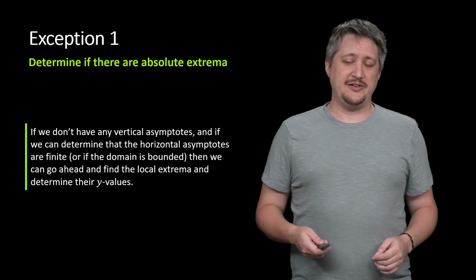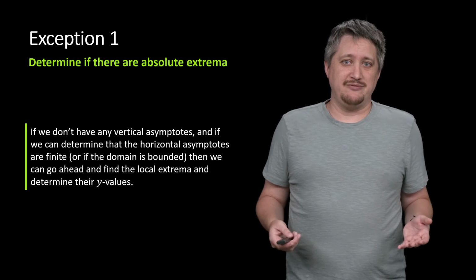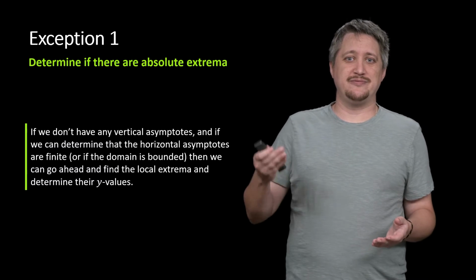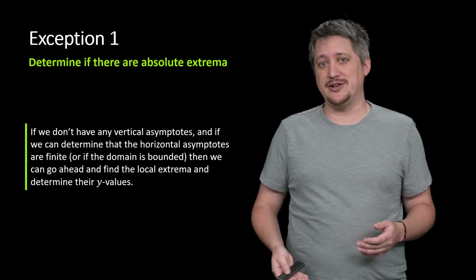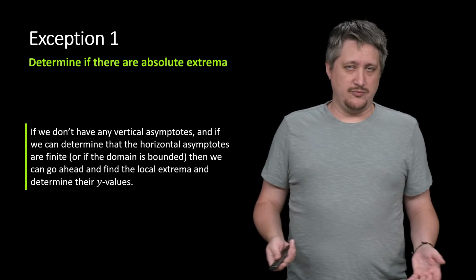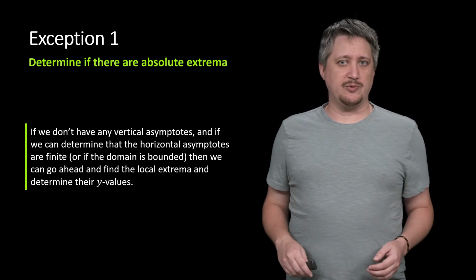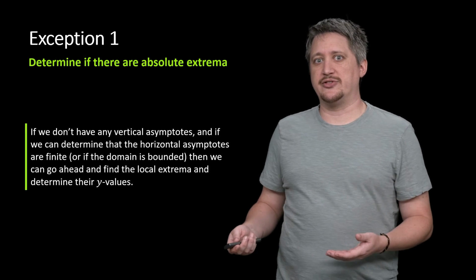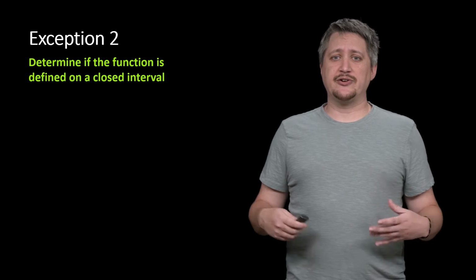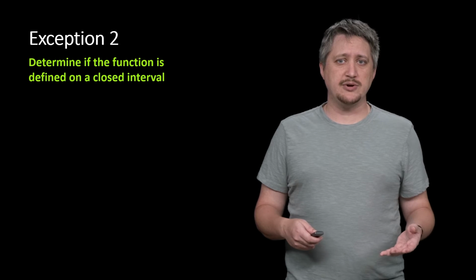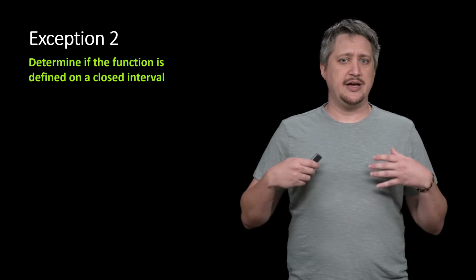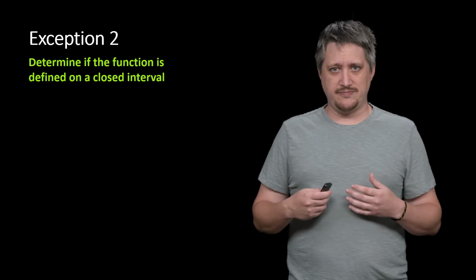So basically, if we know that we're not going to positive infinity or negative infinity anywhere, then we can tell that we're going to have absolute extrema. We can start the hunt. All right, exception 2. So start the hunt. You start by finding the local extrema, get all the local extrema, and you try to keep going.